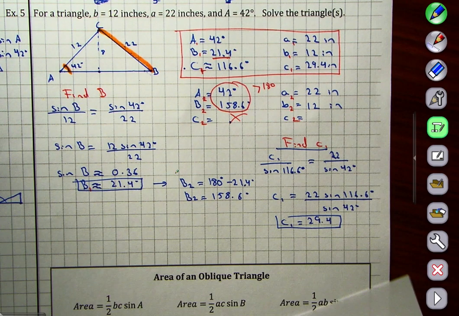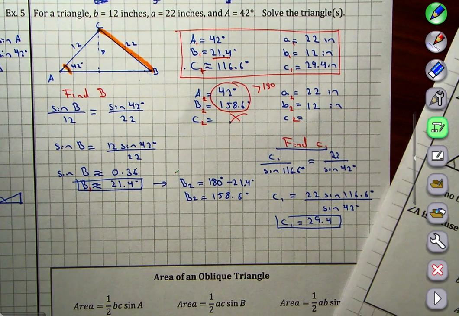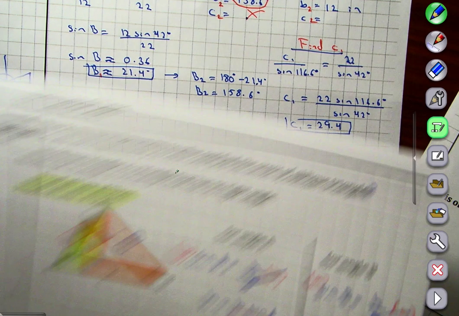And the last example for today. But actually, before we get to the last example, let's go through and develop the formula for the area. Now, those formulas are essential for your SATs.